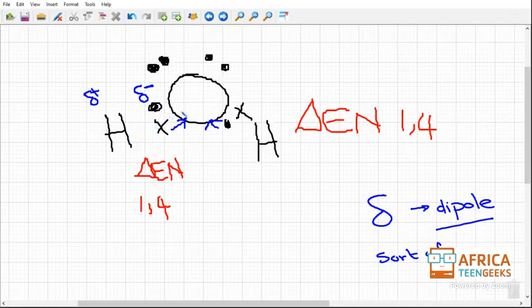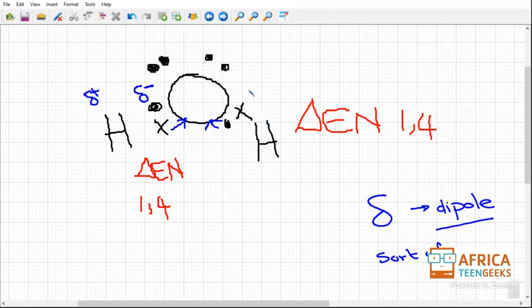It doesn't get transferred. Now you need to be careful. The electrons do not get transferred. They get pulled closer. They are unevenly distributed. Very, very important. And so oxygen becomes sort of negative and hydrogen becomes sort of positive.